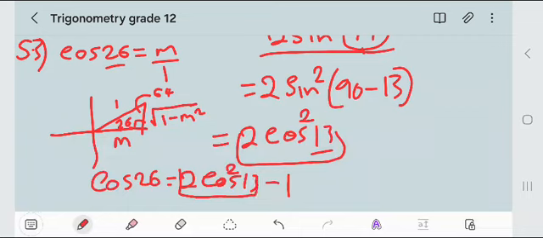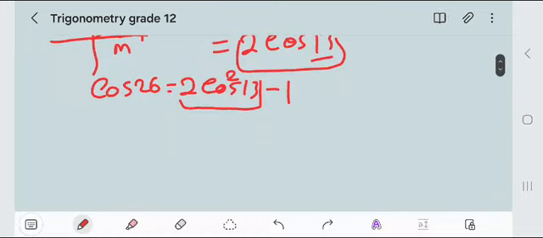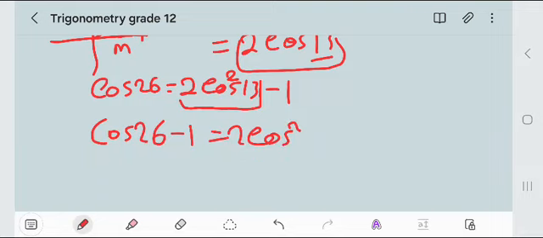Why don't you just make this the subject of the formula? If we take the 1 to the other side, we'll simply have cos 26 plus 1 is equal to 2 cos squared 13.